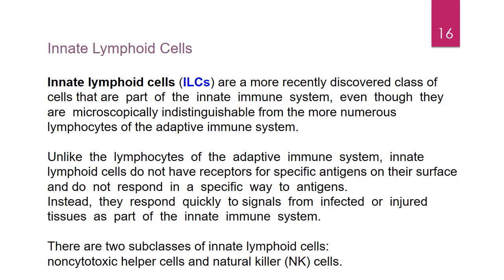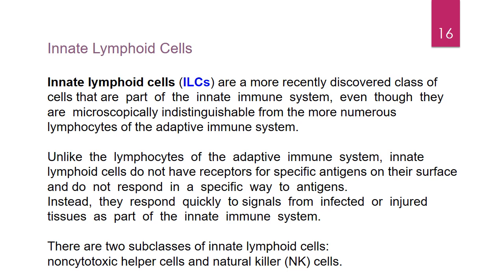Unlike the lymphocytes of the adaptive immune system, innate lymphoid cells do not have receptors for specific antigens on their surface and do not respond in a specific way to antigens. Instead, they respond quickly to signals from infected or injured tissues as part of the innate immune system.